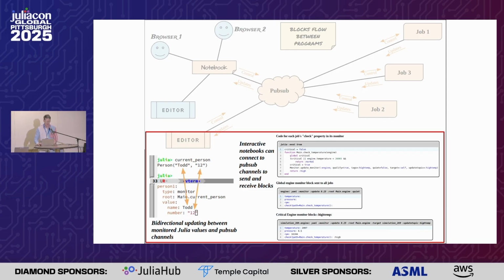The second half of the block diagram shows communication going on between Julia and the JSON data, the pubsub data.